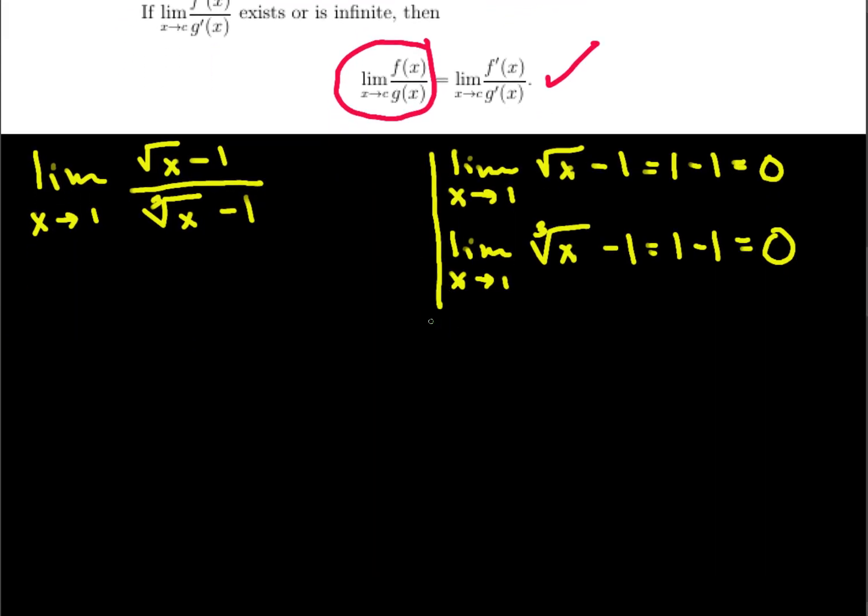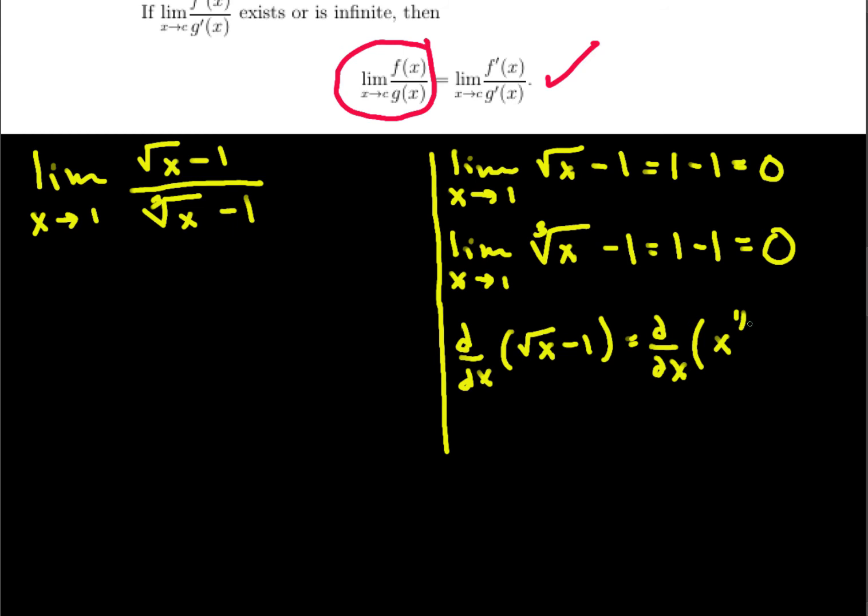So the derivative of the numerator, square root of x minus 1, well, this is the derivative of x to the 1/2 minus 1, and that's equal to 1/2 x to the minus 1/2.